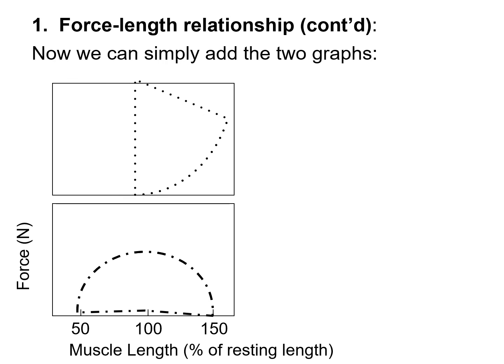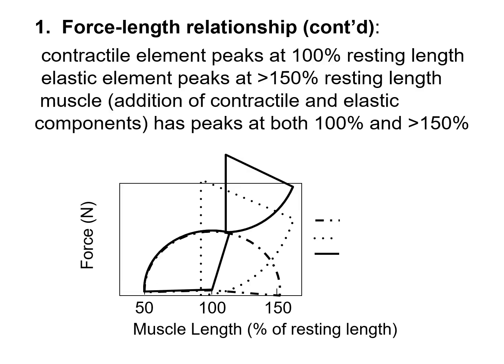Because we can combine elastic energy, or force by the elastic component, and force by the contractile component as well. If we add these, we'll look at the contractile component, then the elastic component, and we'll simply extrapolate beyond there. We see that the contractile element peaks at 100% of the resting length, and the elastic element peaks at 150% of resting length of the muscle.